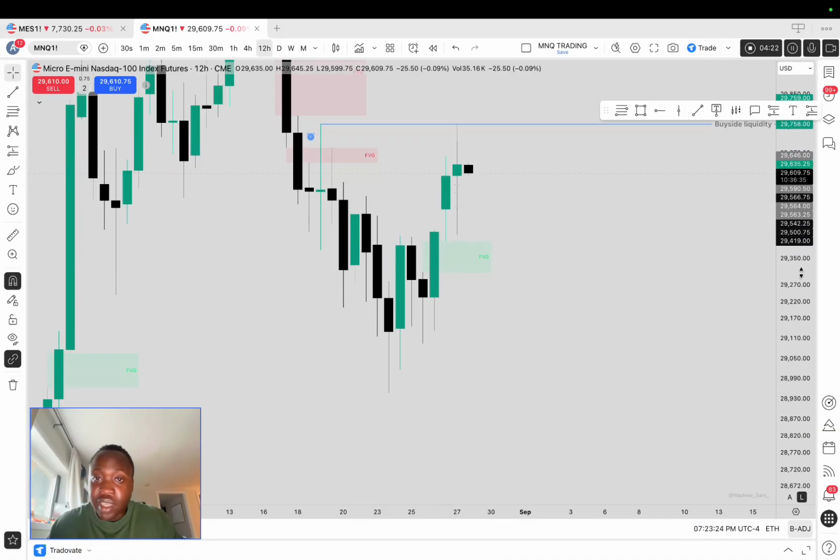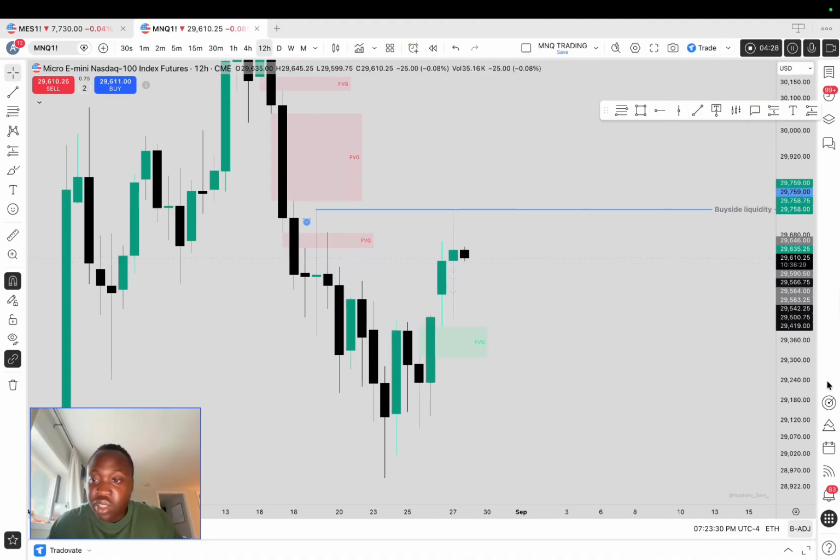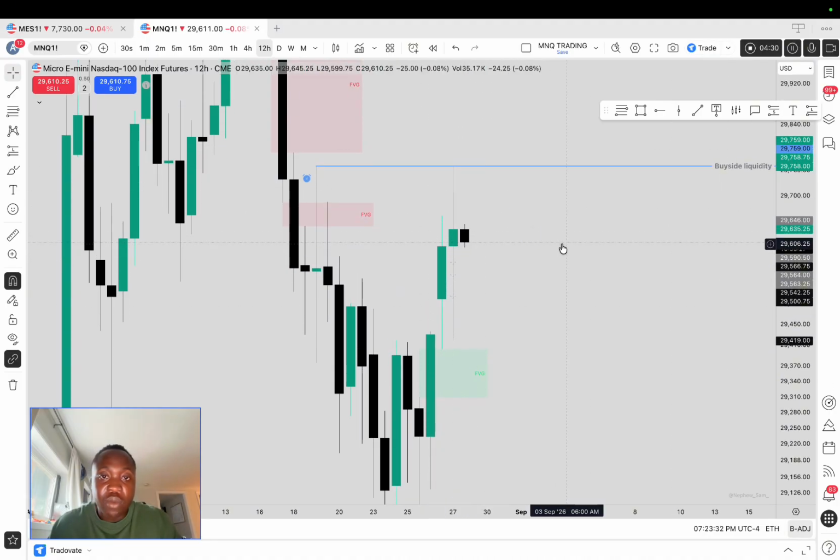Now I know it looks like we came into it here, but this is MNQ and it's a little bit wonky. So I will say we were in this 12-hour gap here. While we're in here, and because we have Jackson Hole this week, I did foresee us having some choppy conditions because there's a high resistance zone right here.